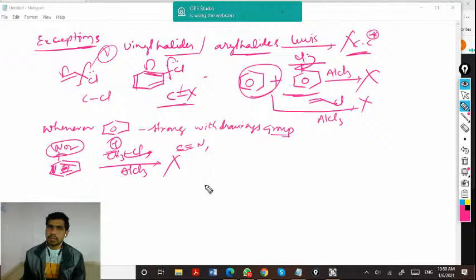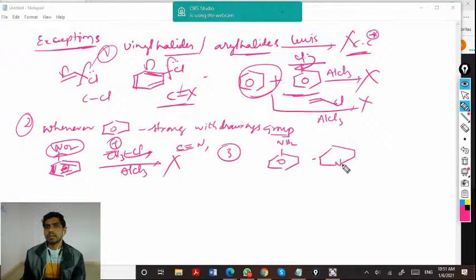So one more exception, this is number 2, and number 3 is when aniline and pyridine are there, they are not going to give the alkylation.